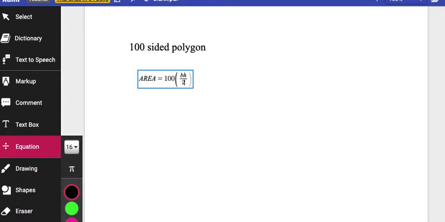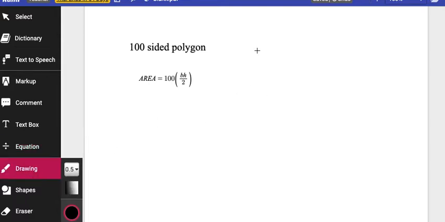Okay, so that's what I'm going to do. And like I said, I'm not even going to attempt to draw that. I am just going to draw one of those triangles. It's not going to be drawn to scale because I already know that that central angle is going to be teeny weeny. So I'm going to go ahead and just sketch a triangle here, just like you would do on your paper.